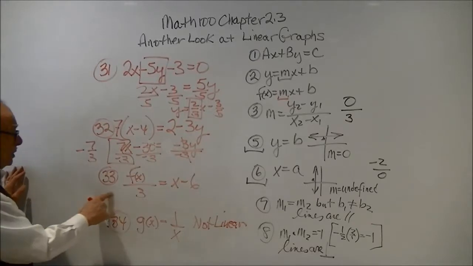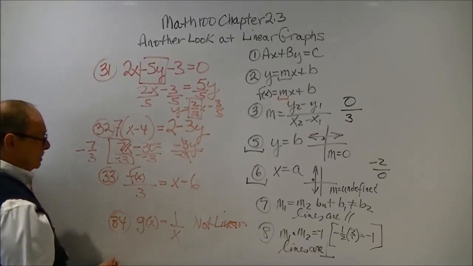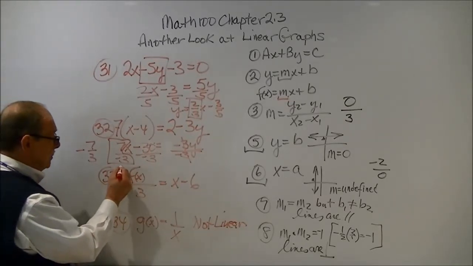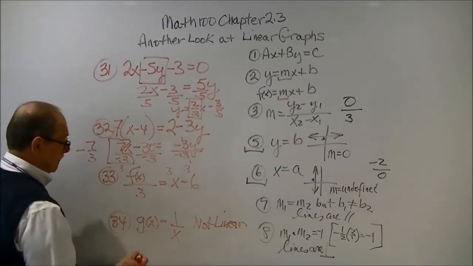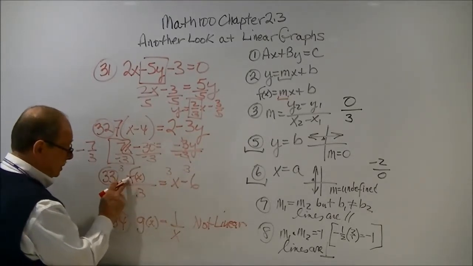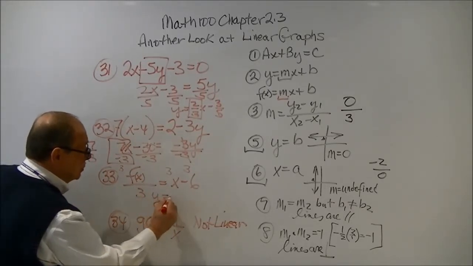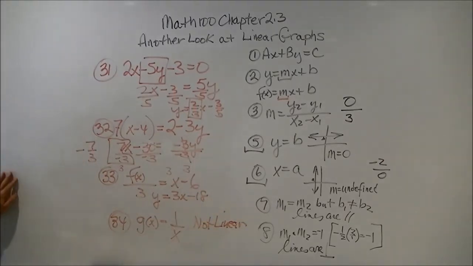In number 33, here we have a fraction. So the same rules for getting rid of fractions apply. Multiply everything by 3. Here we then get, remember we can change this to y, so this will become y equals 3x minus 18.